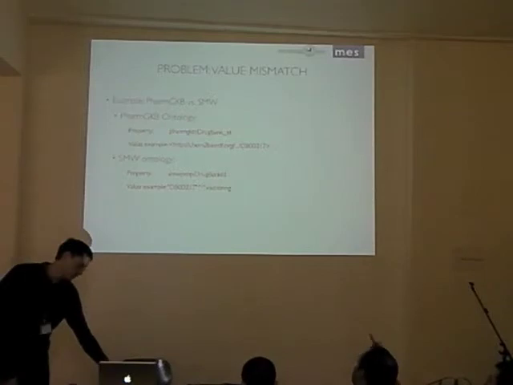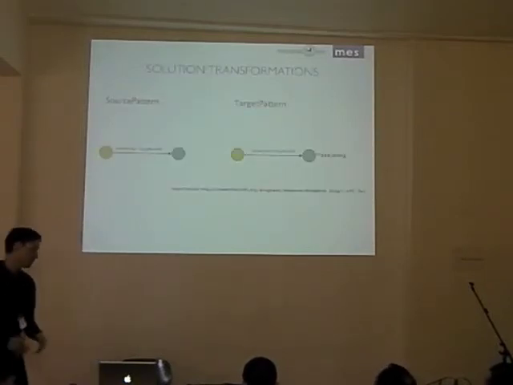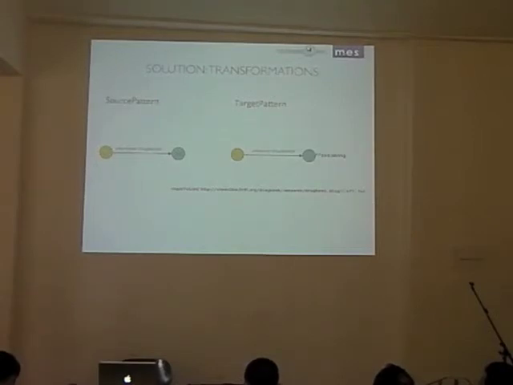So we specify a transformation to cope with it, which is basically in this case a regex, which filters out the relevant parts. And here you also see a modifier, which modifies the target value to a string value.